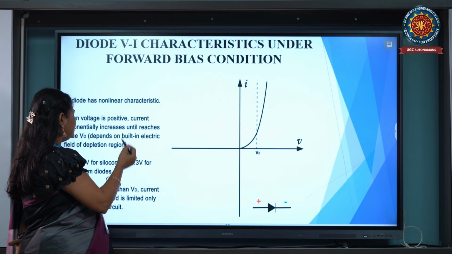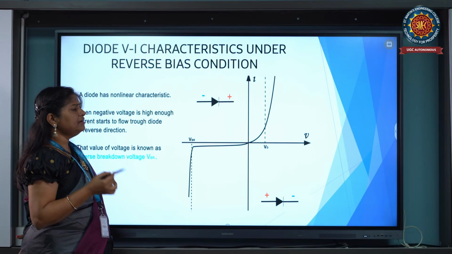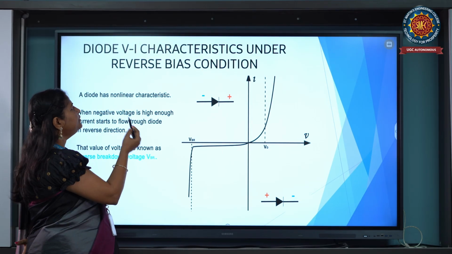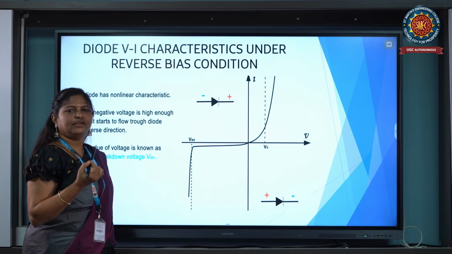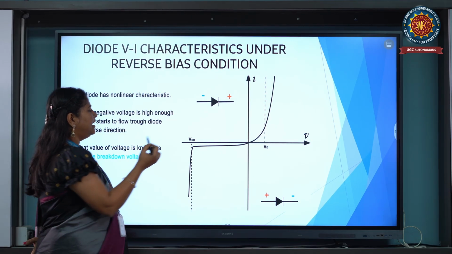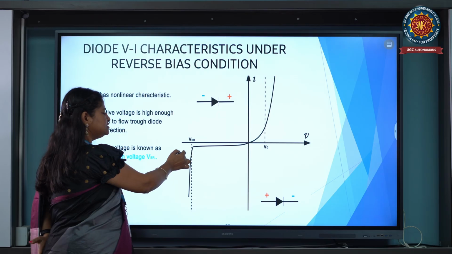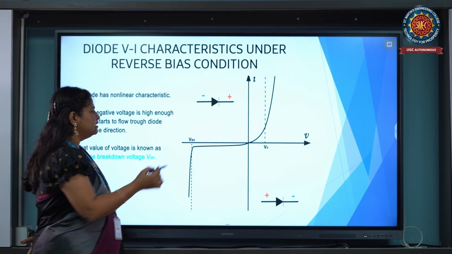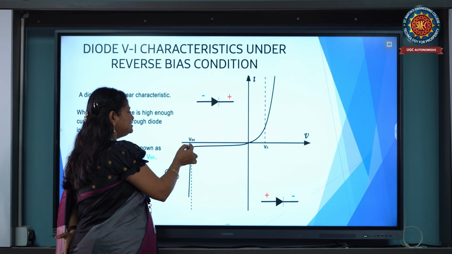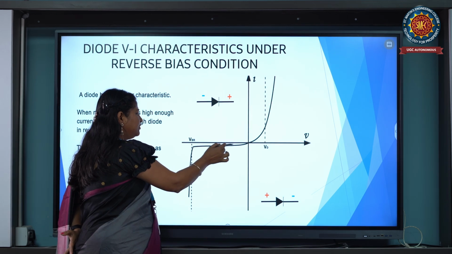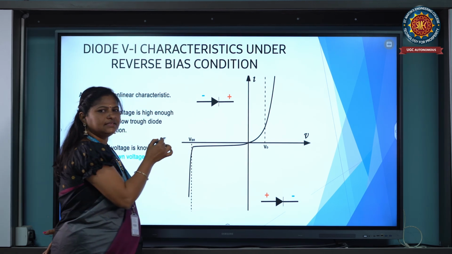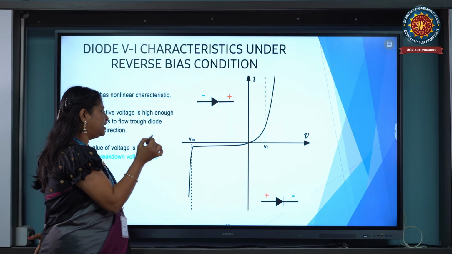The curve is a non-linear curve, or non-linear characteristics. And the VI characteristics of the diode in the reverse bias condition, and this is the reverse bias condition, is also non-linear. Whenever the diode operates in reverse bias, a small amount of current will flow, in the microamperes or nanoamperes.